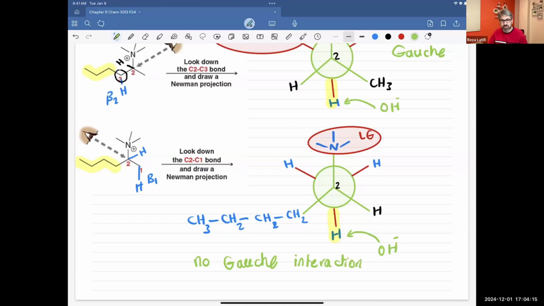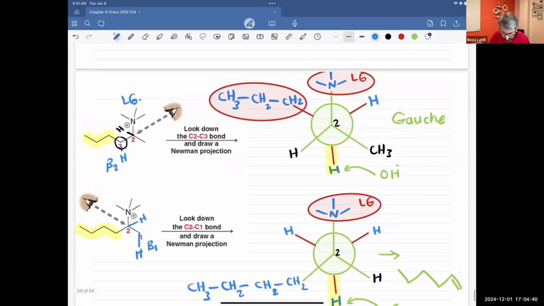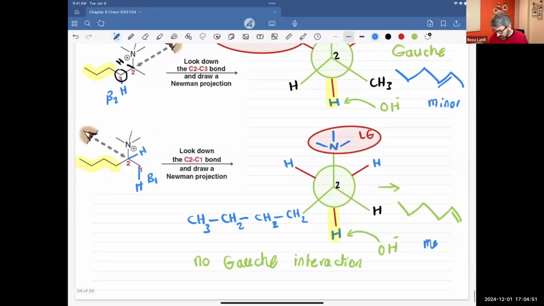And because we don't have any gauche interaction, removing hydrogen from the terminal carbon is favored. So this one gives us the Hofmann product, while the top one will give us the Zaitsev product. I said this one is going to be the minor, and that's going to be the major.